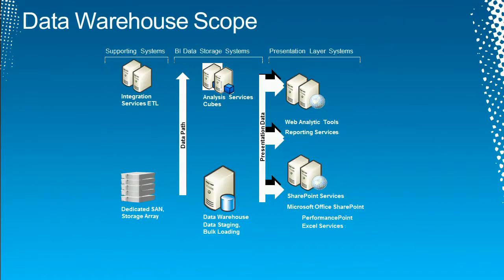Now, when we look at the data warehouse scope by itself, we'll see that we have the presentation layer. And I assume you've been to the foundational session, you've been to some of the other presentations that run on the DBI track focusing on business intelligence.